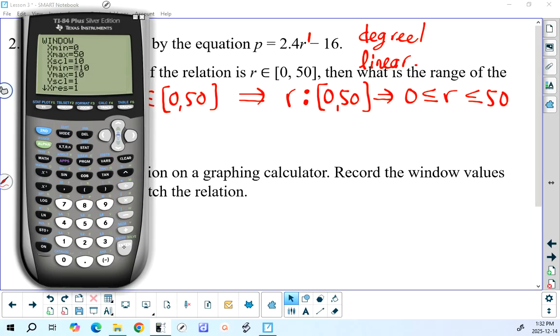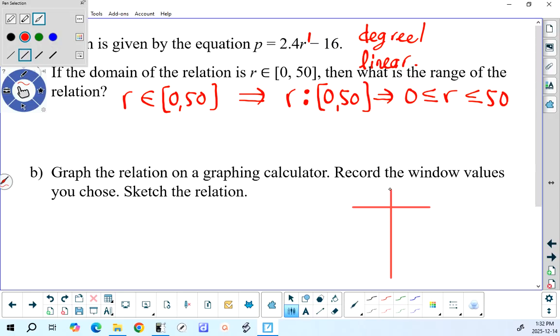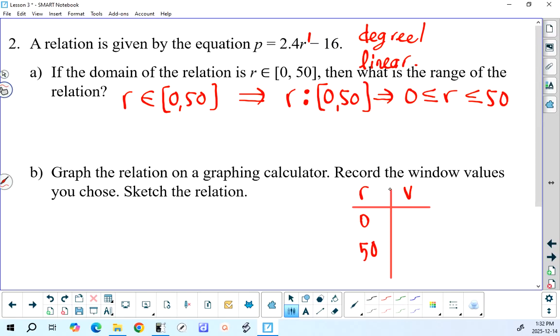But what we can do, and this is a very basic calculation, is make a little tiny table of values. We can put in for R 0 and 50, and we can calculate what V is.